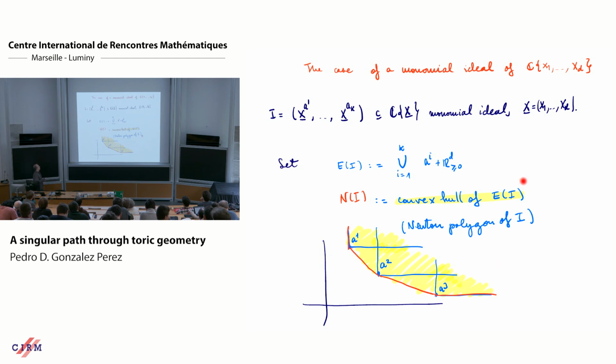We add the quadrant, and this defines a set E_I, and we obtain this notion of Newton polygon.